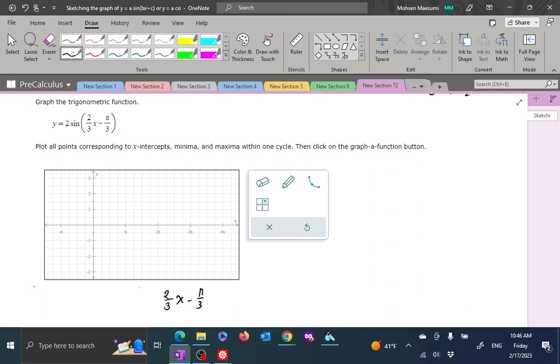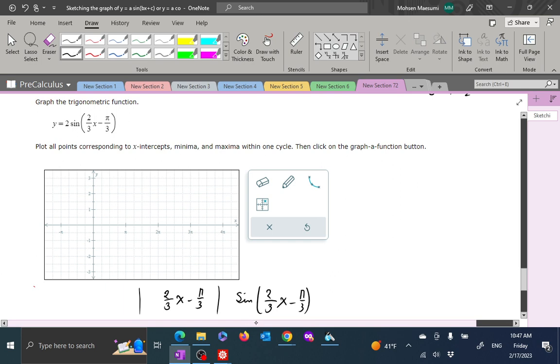So that's my input. And then I am taking the sine of this input, sine of 2/3 x minus pi third. By the time you come to this much repetition, you might compress some of your table entries and then perhaps write twice that anyway instead of repeating this so many times. So once you get the hang of it, you probably make this thing a lot shorter than what I'm making it here.